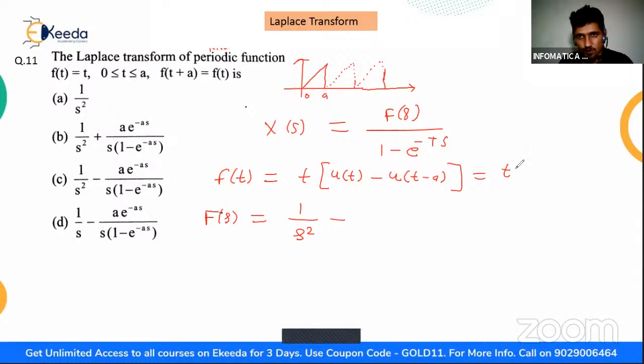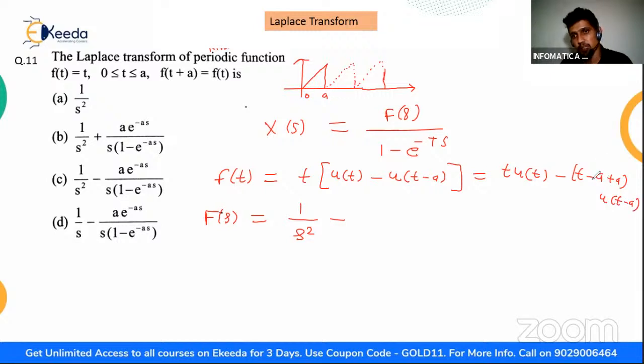This signal is basically u(t) minus this t; I'm writing it like that: minus t minus a plus a. This is basically t multiplied by u(t minus a). Why am I doing this? Because this t minus a, I will multiply with u(t minus a), and we will use the shifting property of the Laplace transform.